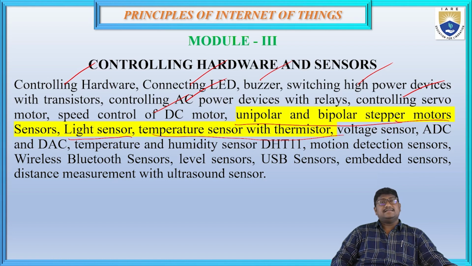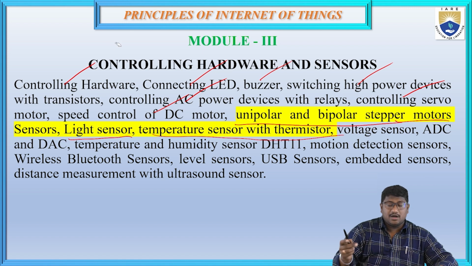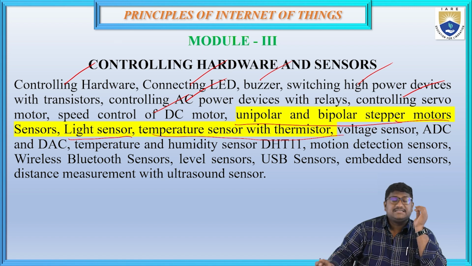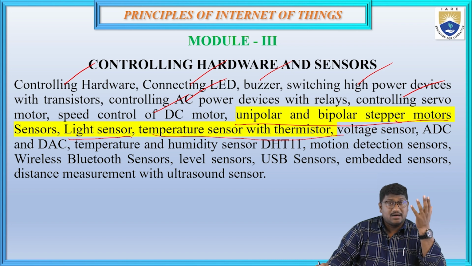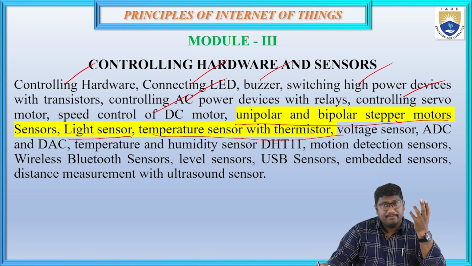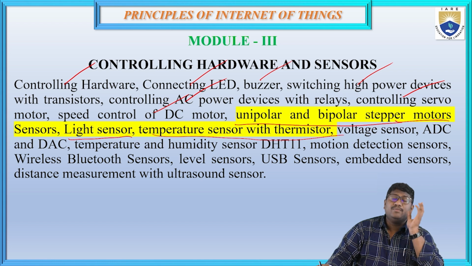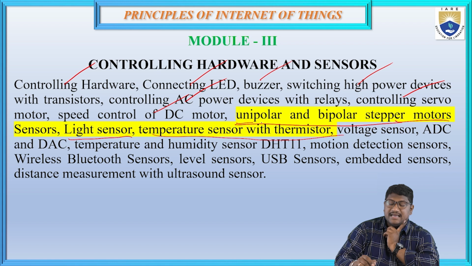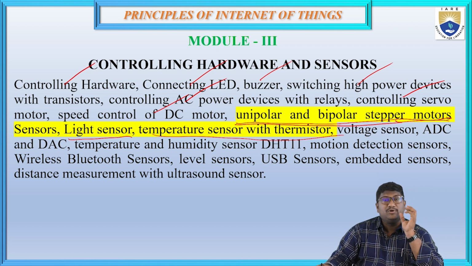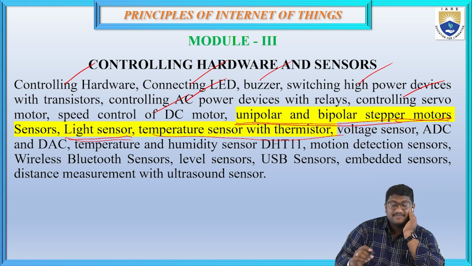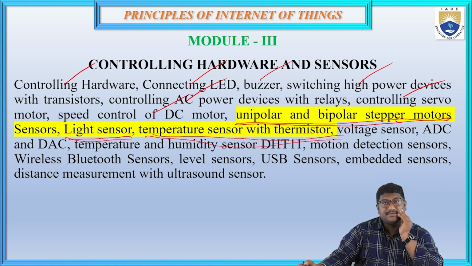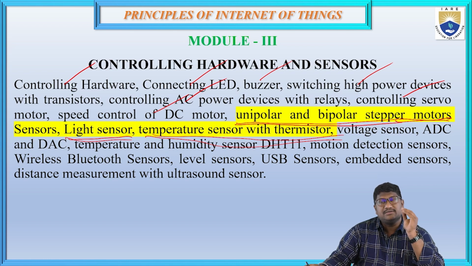In the previous sessions, I narrated controlling hardware, connecting LED, buzzer, switch, high power devices with transistors, controlling AC power devices with relays, controlling stepper motors and speed controlling of DC motors. In today's class, I am going to discuss unipolar and bipolar stepper motors, the light sensor, and the temperature sensor with thermistor. These are the three topics for today.